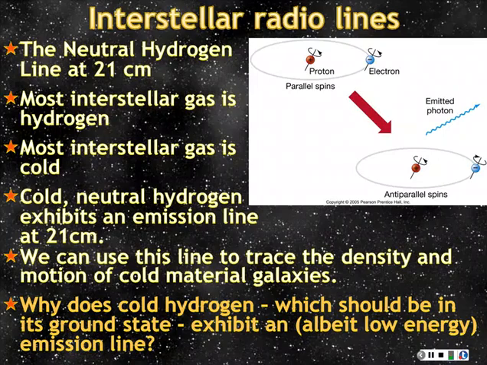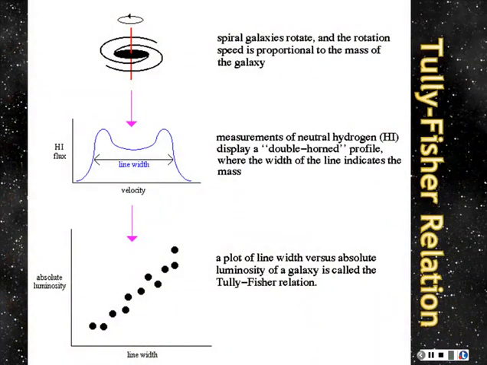and so we can see the emission from this hydrogen. So what you get is, you've got this spinning disk. As you're looking at it, you're going to have a line width, which is that you're going to have some contribution to the 21 centimeter line here, which is at the rest frame, but you're going to have some that's blue shifted and some that's red shifted, and so what you get is this broadening out. And so if you measure this width, that's actually a measure of how fast this thing is spinning.